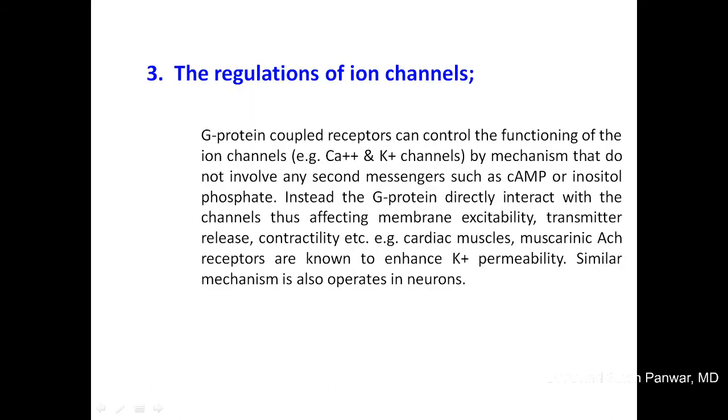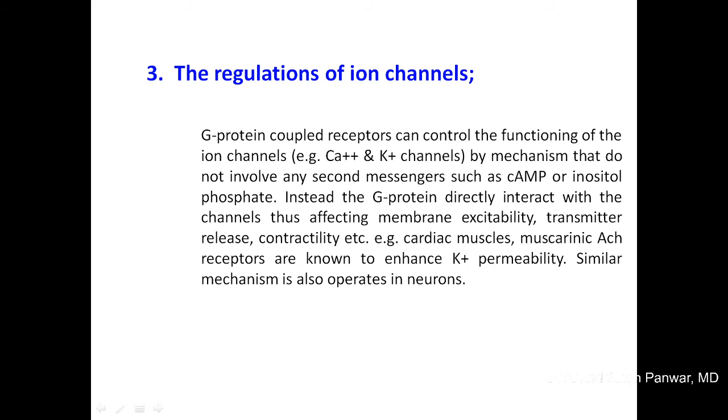Then the third one is the regulation of ion channels. So G protein coupled receptors can control the functioning of the ion channels, for example calcium and potassium channels, by mechanisms that do not involve any second messenger such as cyclic AMP or inositol phosphate, that is IP3.